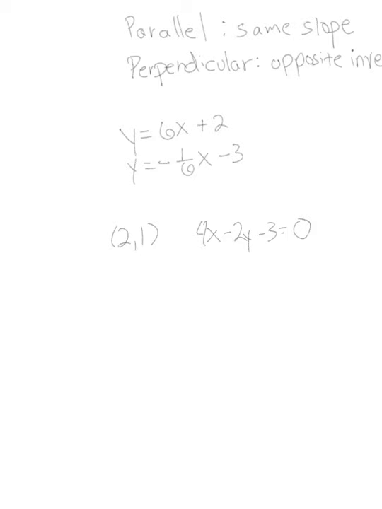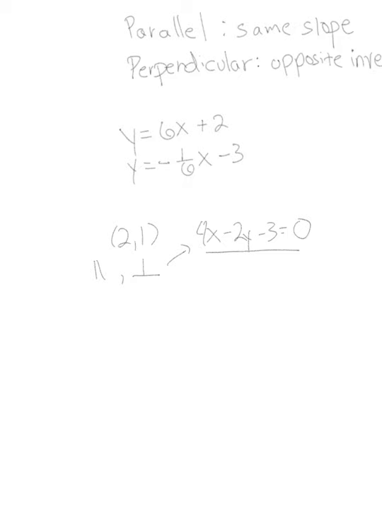And they want us to find the parallel and perpendicular line crossing through the point (2, 1) from this other line. So first things first, what we need to do is write the standard form in slope-intercept form.